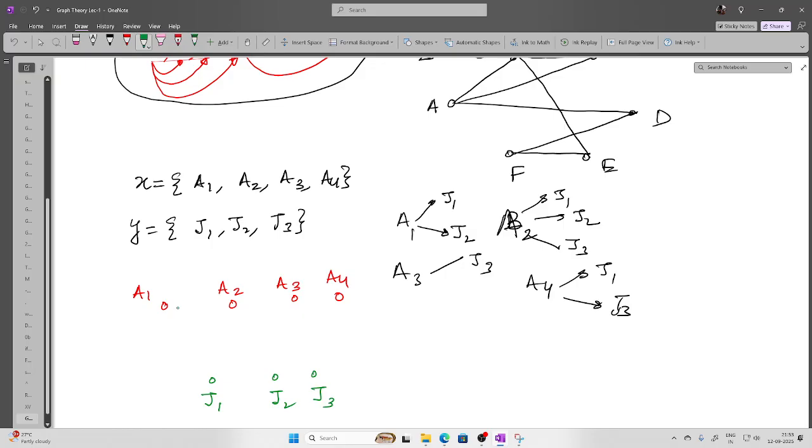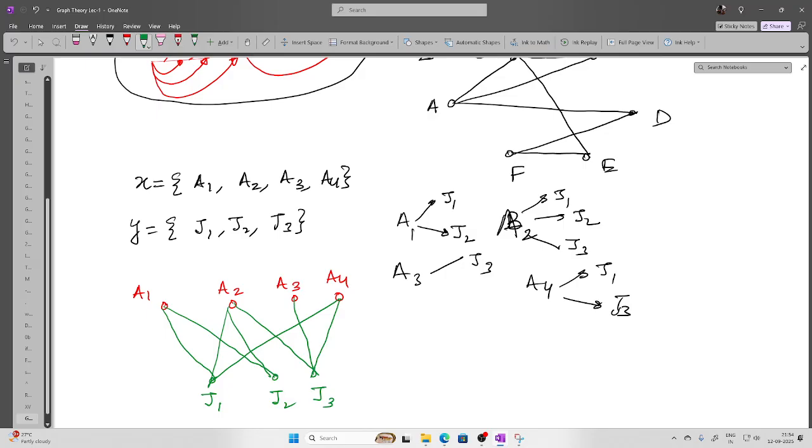Now applicant A1 can apply for only J1 and J2. So this is the one and this is the one. Applicant A2 can apply for all the jobs. Applicant A3 can only apply for J3. And applicant A4 can apply for J1 and J3. So in this way, you have developed the connections between job seekers and jobs.